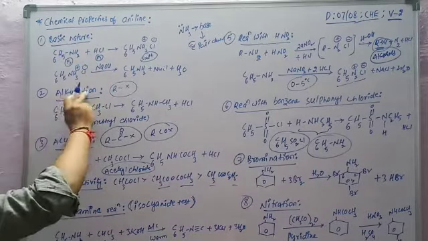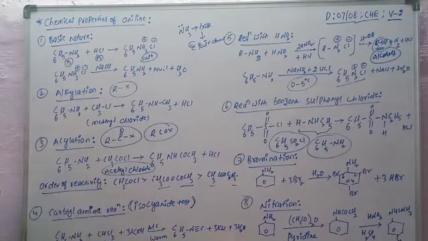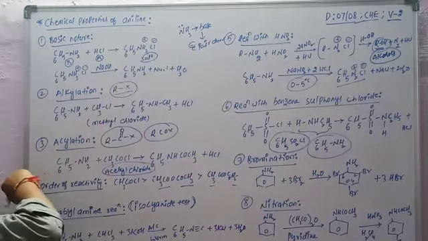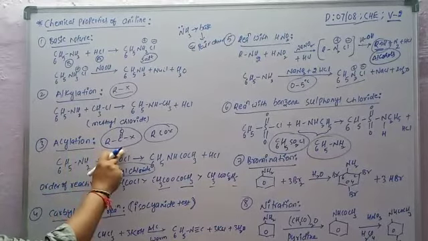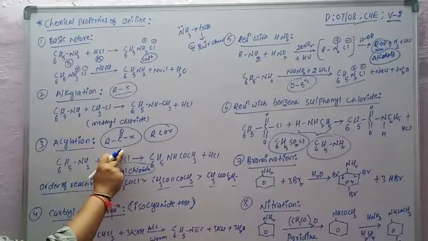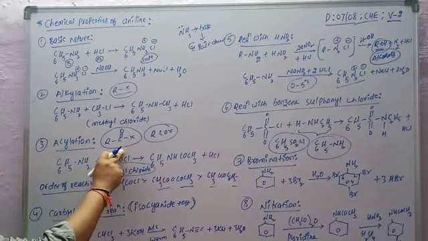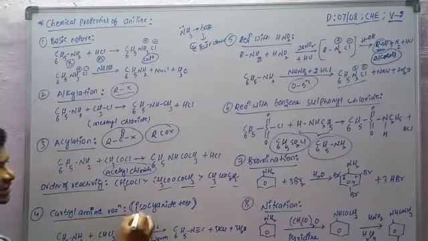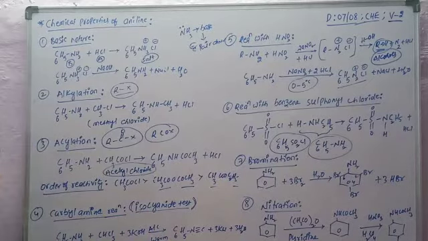Now the next one is alkylation. Alkylation means aniline reacts with alkyl halides. Acylation means aniline reacts with acetyl halides. The carbylamine test reaction is also known as the isocyanide test.